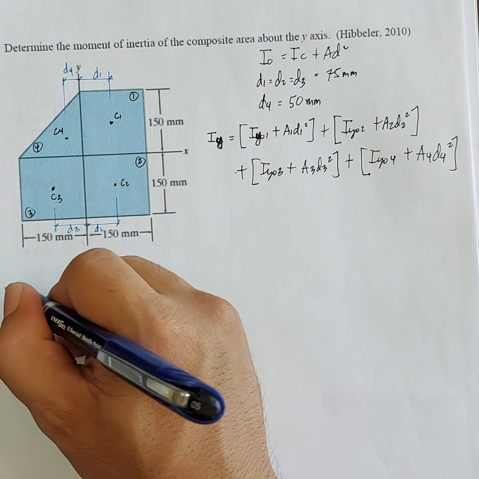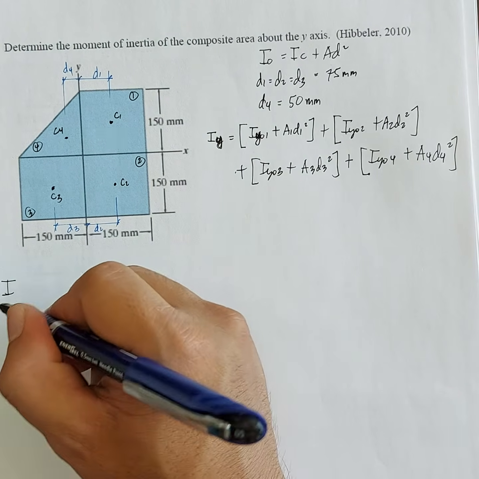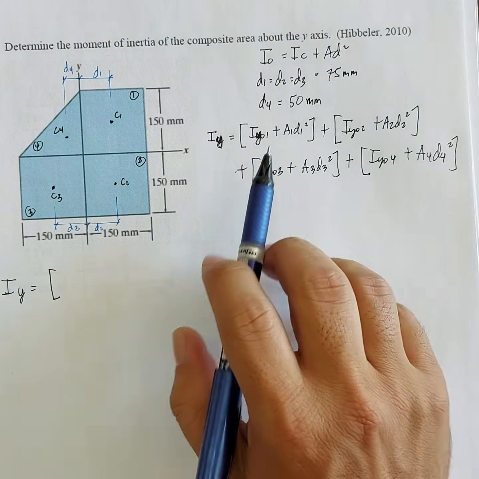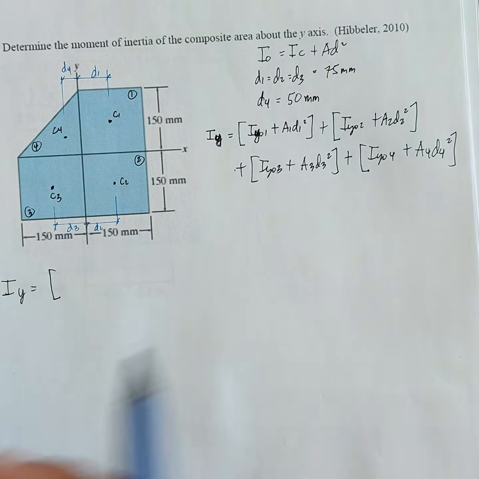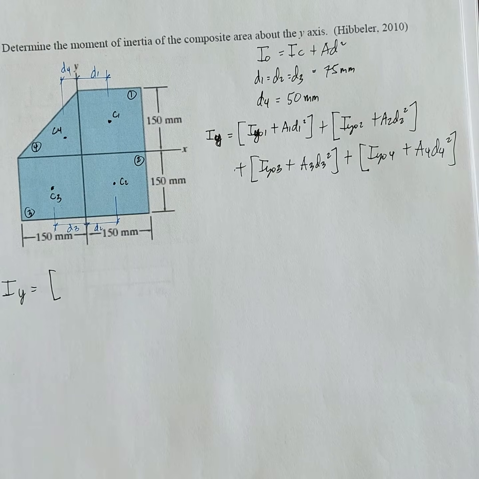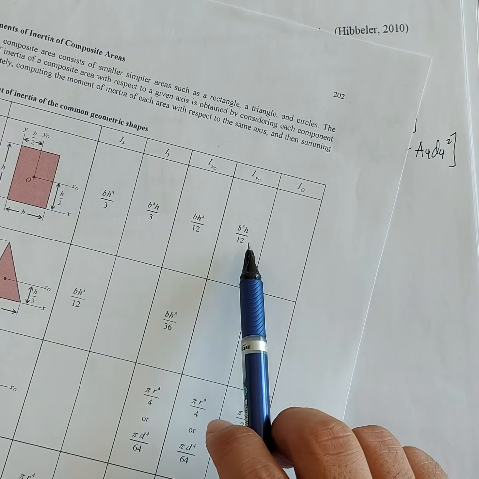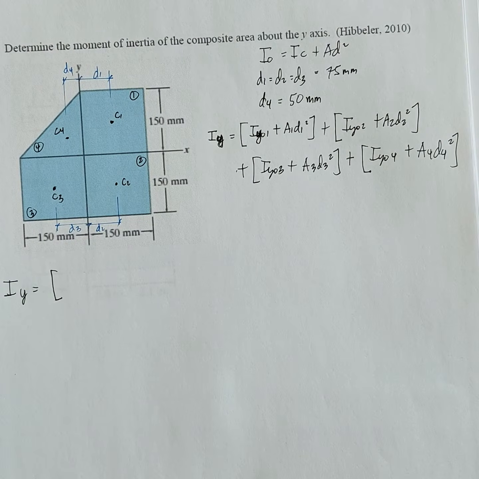So, solve na natin. So, i-substitute na natin yung mga values. So, IY is equal to, what is IYO1? So, square yan. Rectangle, no? Formula natin. B cubed H all over 12.